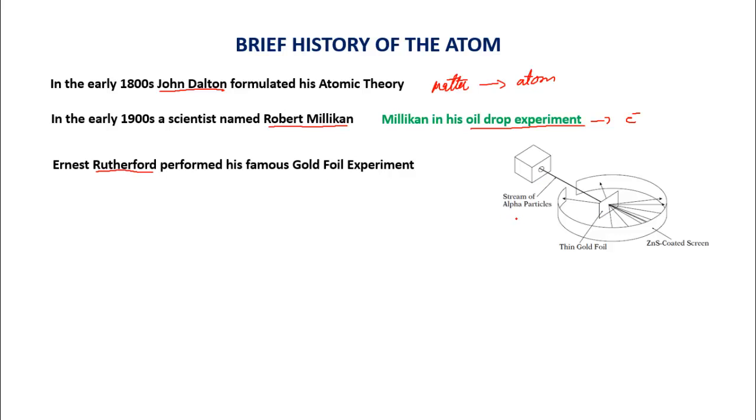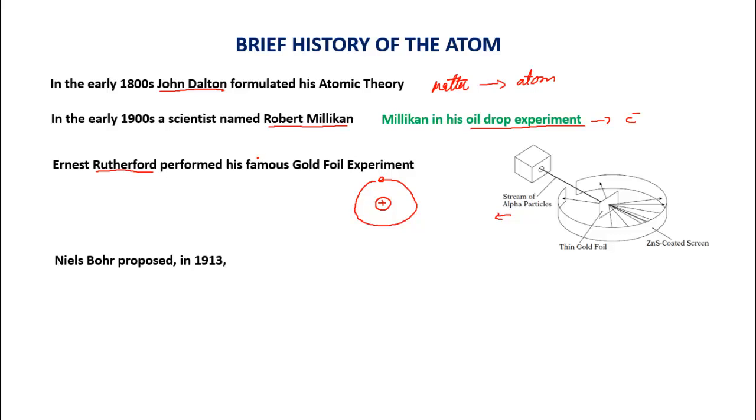And from Rutherford's gold foil experiment, he found that atom has a very small region that contains the protons, and electrons are revolving around the nucleus in circular orbits. So it is the first time Rutherford discovered the nucleus of an atom and said that atom is spherical, and in the middle of the atom is a small nucleus occupied by the protons, and electrons with negative charge are revolving around this nucleus in circular orbits.